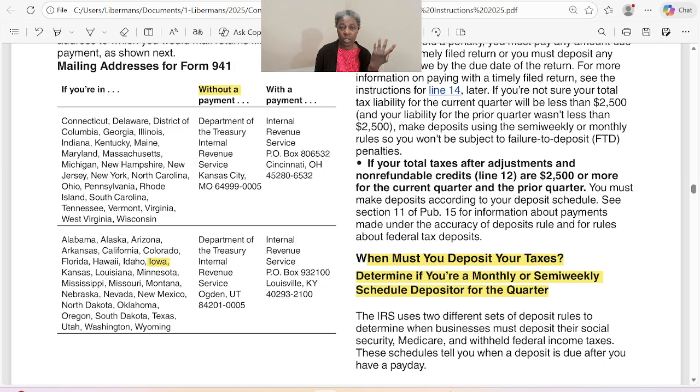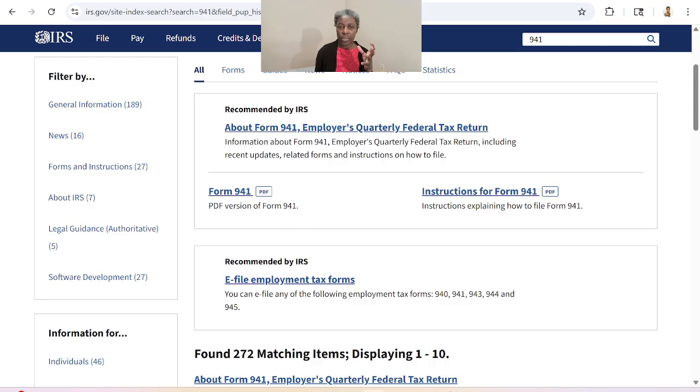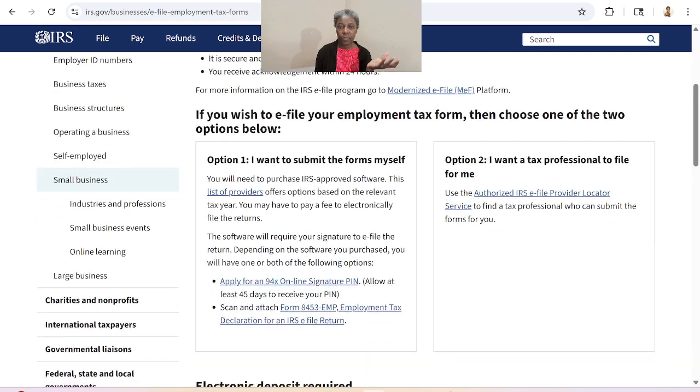I'm not entirely sure, probably a building. Again, keep in mind that you can file this online as well, and they should have instructions on their website for online filing. If you want to file it online, you can just follow the instructions.